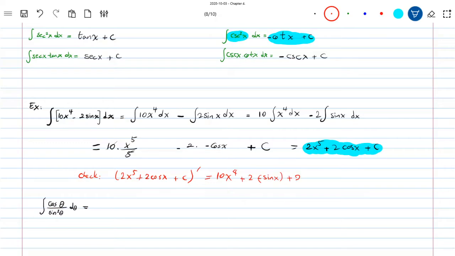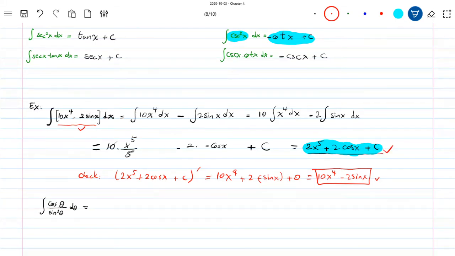Derivative of constant c is 0. It simplifies to 10x to the 4 minus 2 sine x. And what is this? The starting function. So we went back and we found out that yes, these two match. So therefore, this is the correct antiderivative.